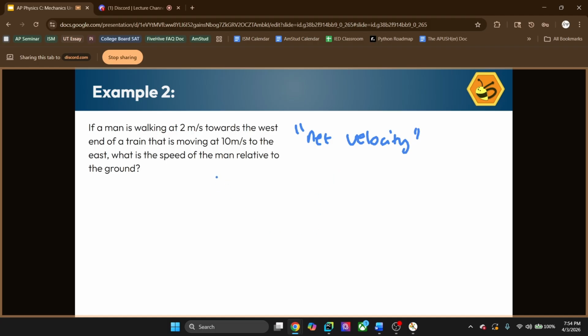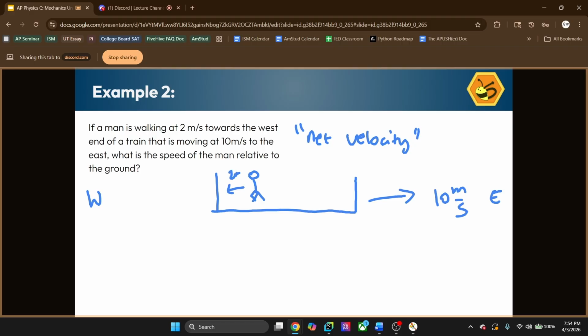We know that in a train that's moving to the right at 10 meters per second, if we assign the right as east and the left as west, there is a man within the train that's moving to the west at 2 meters per second, and we're watching this unfold from the ground here.